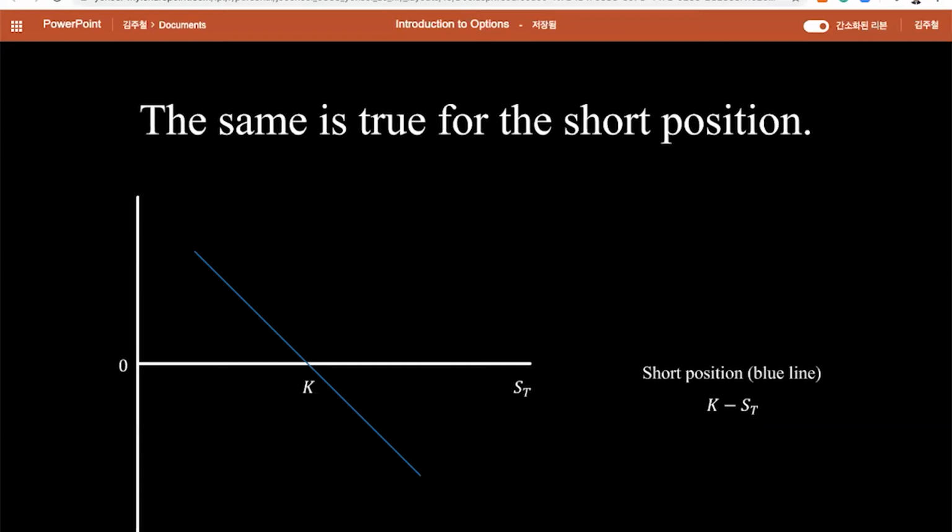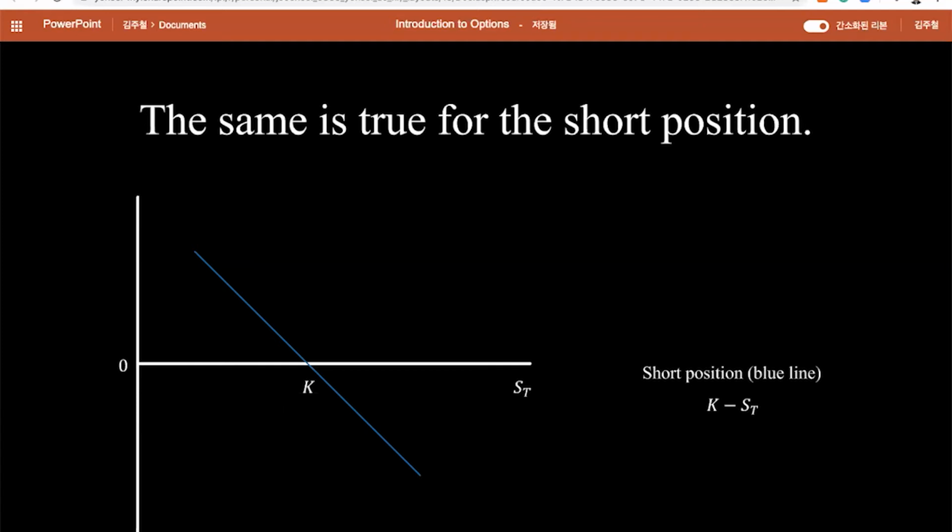And on the right-hand side, the bottom, it can be interpreted as the obligation of the short position, because if there were no such contract, you could sell your product at a very high price, but since you agreed to sell your product at a fixed price K, you have to sell your product at this price. So in some sense, you can interpret this part as your obligation to sell your product.